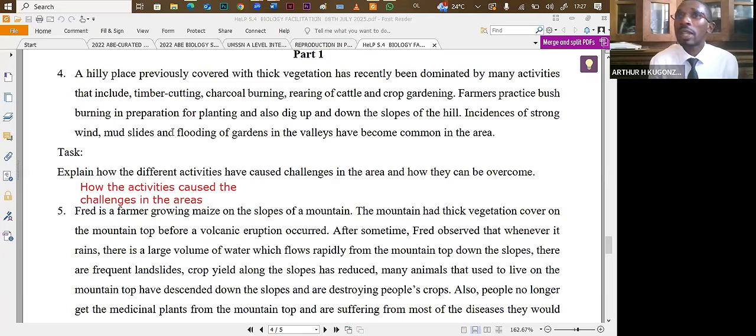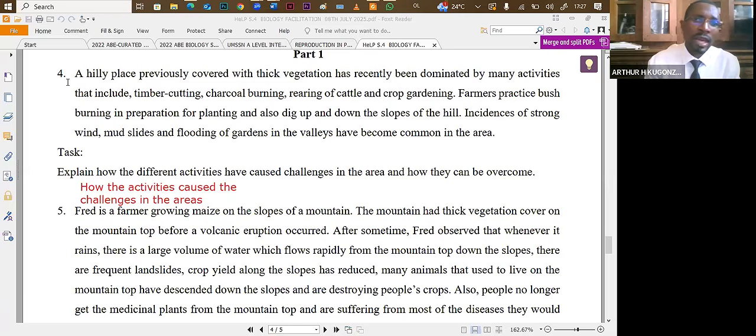That is also very important. So we shall start. We are going to read the scenario, but what are we looking out for? The activities. In that, we can now explain how these activities caused the challenges.